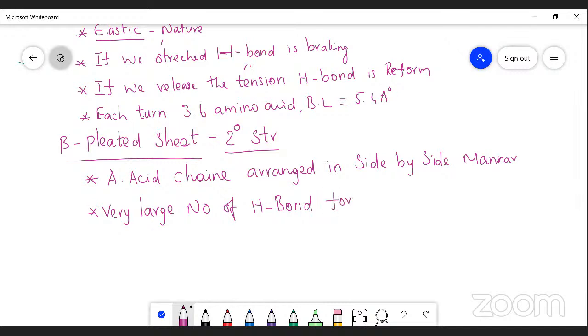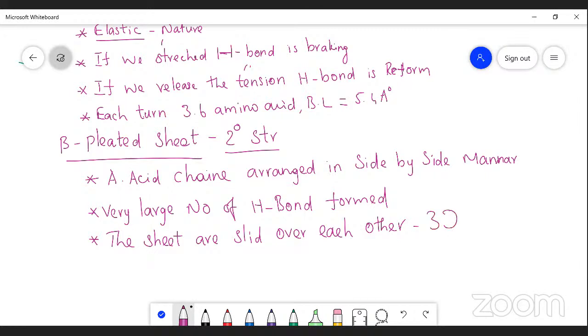And the sheets slide over each other and form a three-dimensional structure.